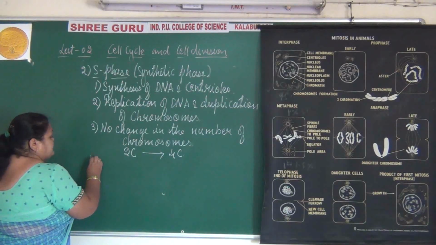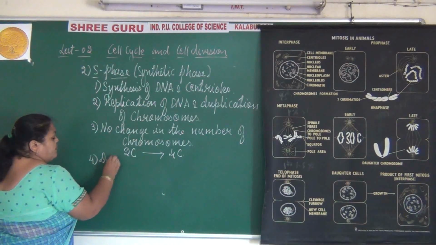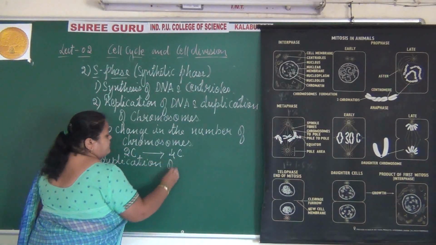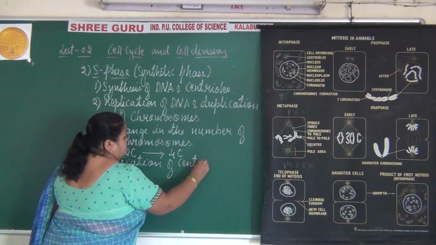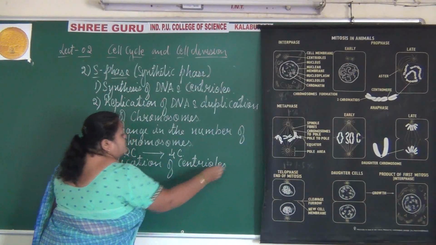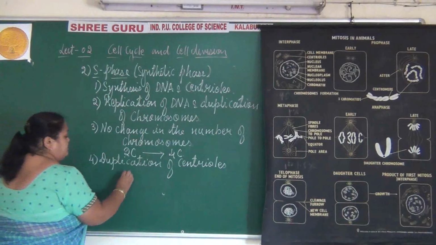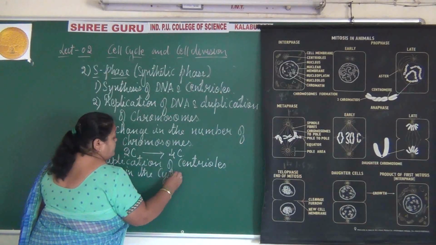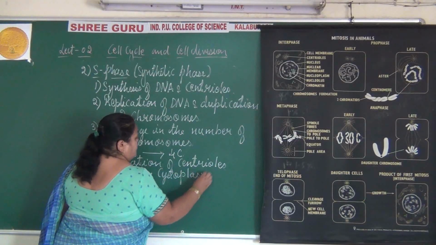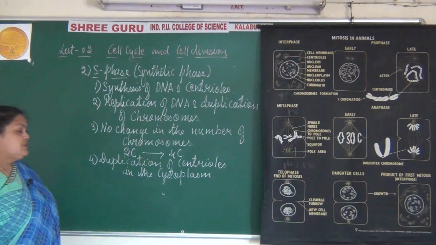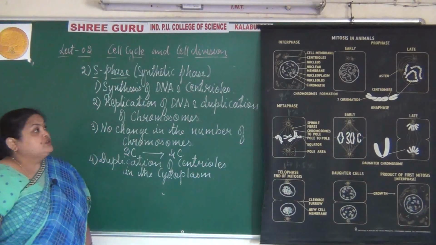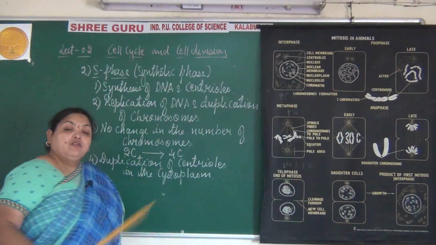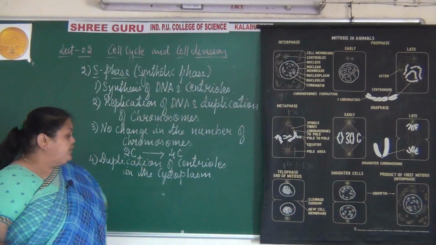There is an increase in the amount of DNA. Simultaneously there is duplication of centrioles in the cytoplasm. Here you can see that there is usually a pair of centrioles, so that will be doubled, or duplicated.